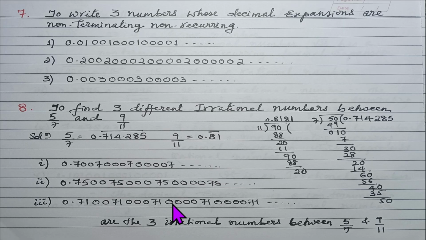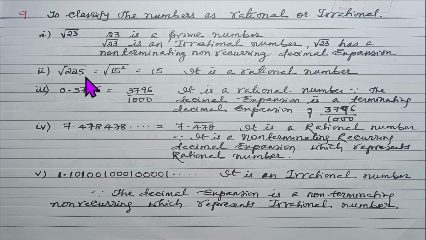So the three decimal expansions which are non-terminating and non-recurring, representing irrational numbers, are the three listed, which lie between 5 by 7 and 9 by 11. Try to understand that.